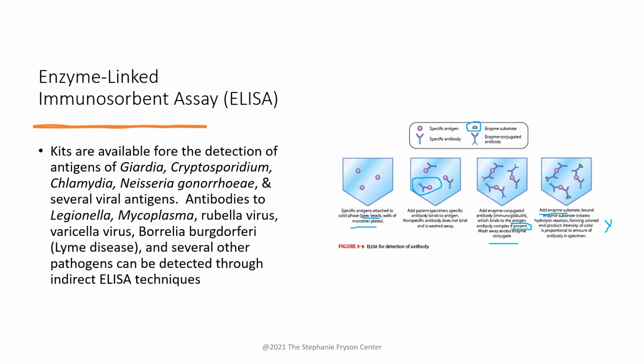The intensity of the color is proportional to the amount of antibody in the specimen. So if there's more color, there's more antibody present. You had to have an enzyme conjugate added in order for this enzyme substrate to be able to work.